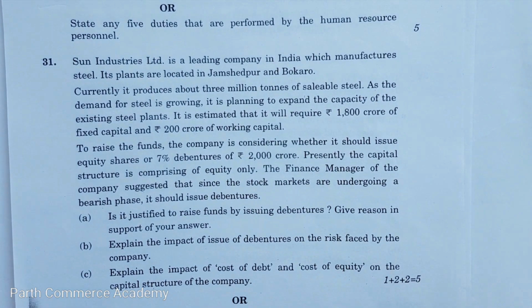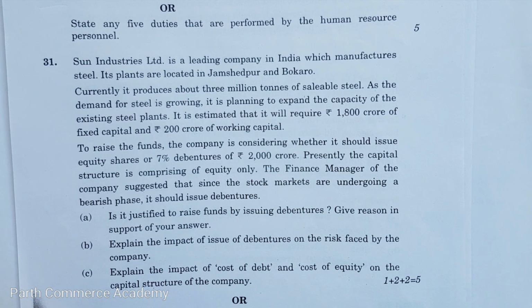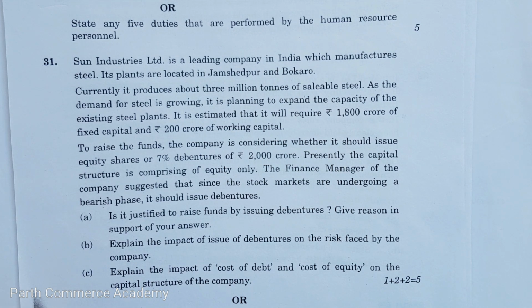Let's read it. Sun Industries Limited is a leading company in India which manufactures steel. Its plants are located at Jamshedpur and Bokaro. Currently, it produces about 3 million tons of saleable steel. As the demand for steel is growing, it is planning to expand the capacity of the existing steel plants. It is estimated that it will require 1800 crore of fixed capital and 200 crore of working capital.